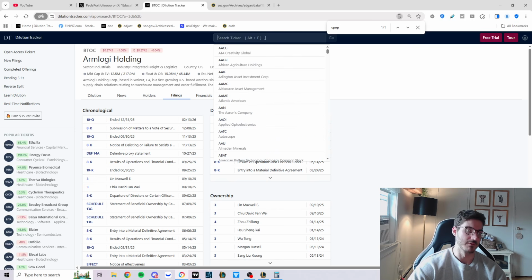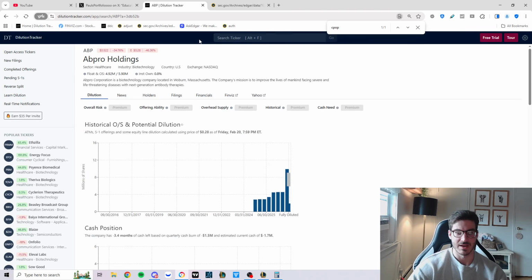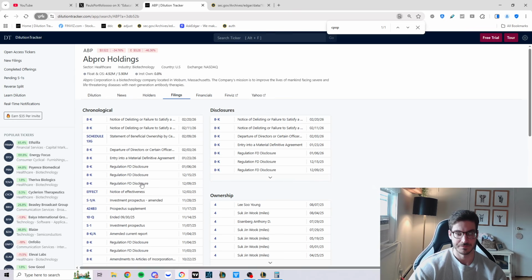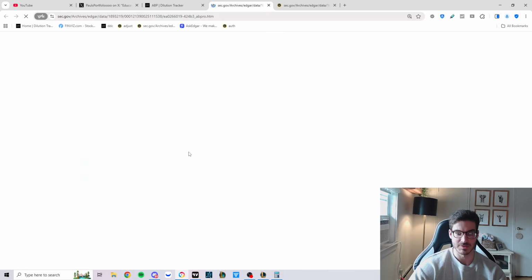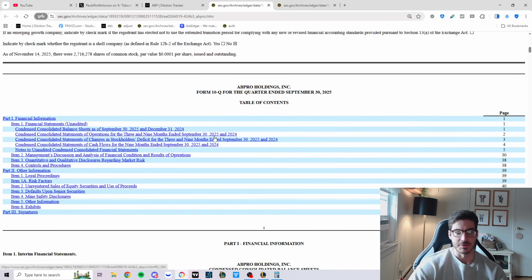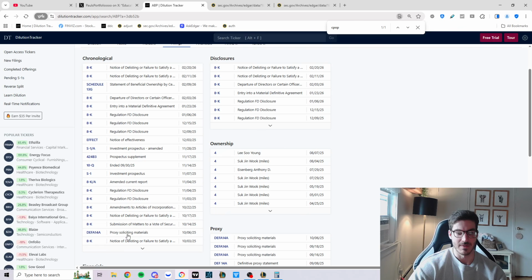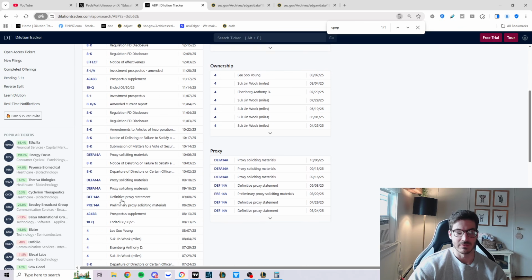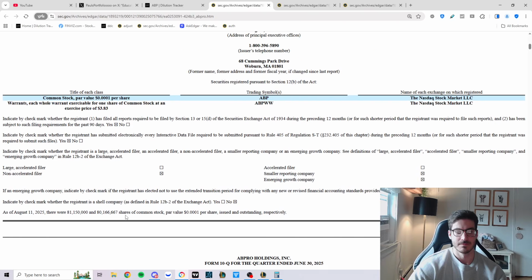Sometimes it's called a form 423B or whatever. ABP had one, I remember a long time ago. They filed a prospectus here, and the prospectus was just talking about how they're activating part of their ATM.